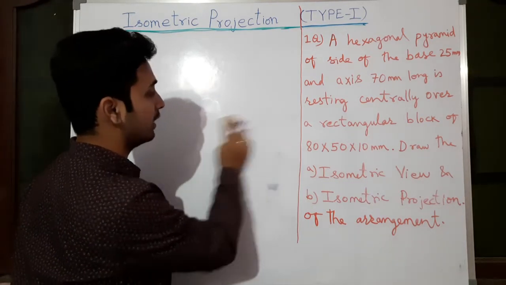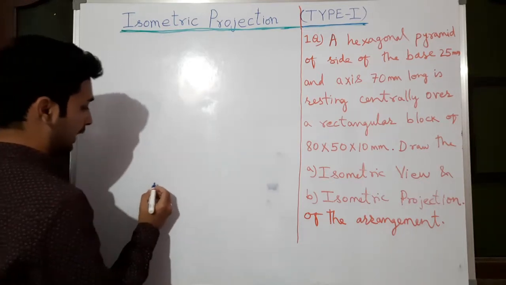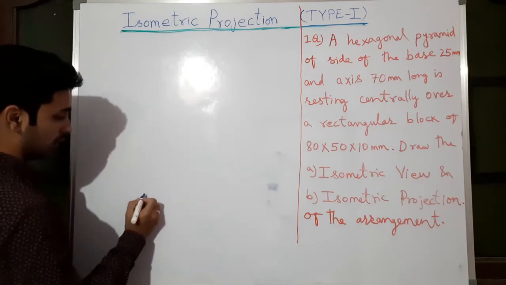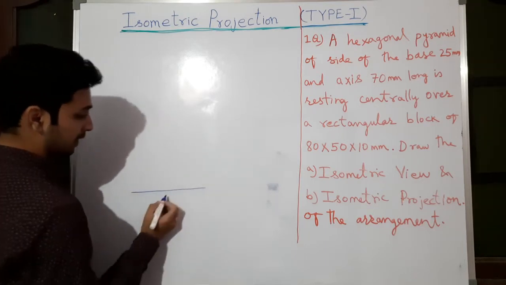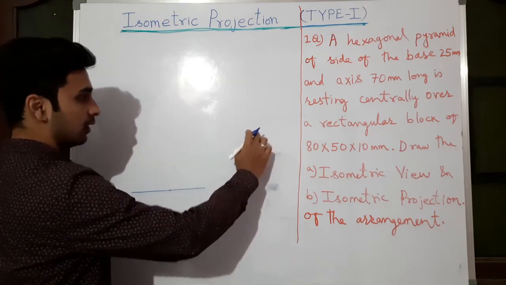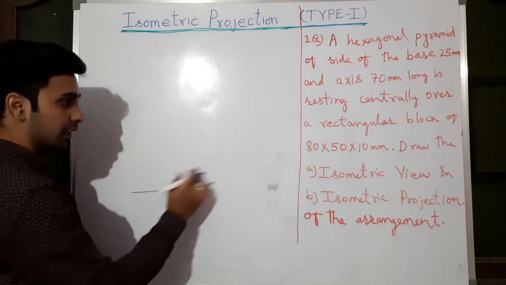How to draw a block in 3D? You need to first draw a rectangle. Imagine this is your reference line, and take any point on the reference line. This side you take 80, this side you take 50, or here 50, here 80, it's our wish.